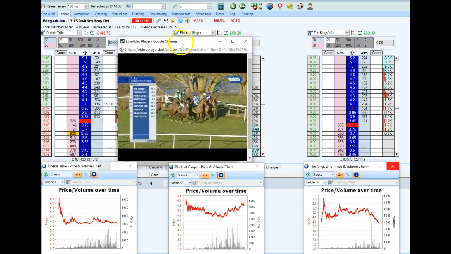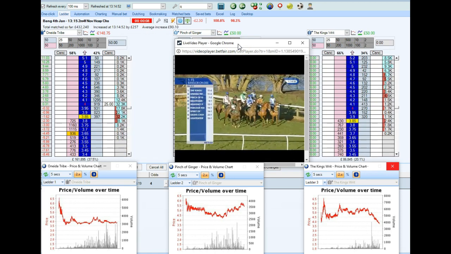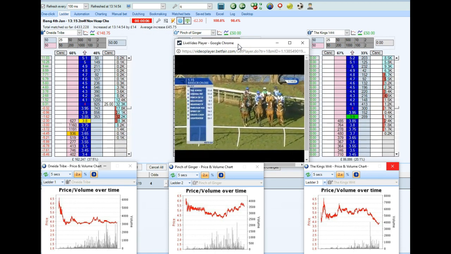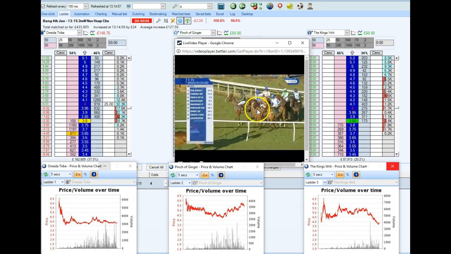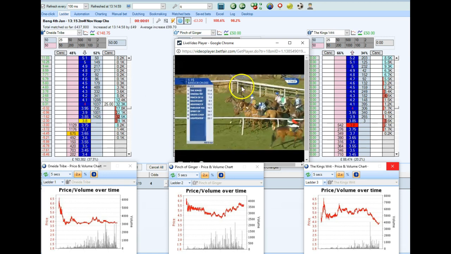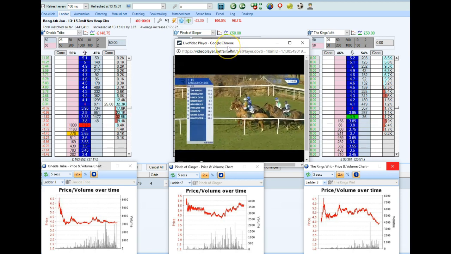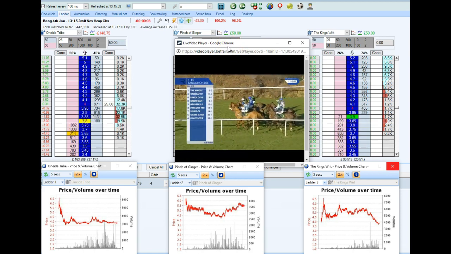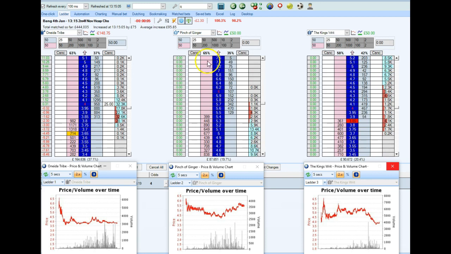And as the horses are now lining up, you can see that my horse is at the front here, which is not good, because obviously that's not going to help my price. So at this point, I'm just going to cash out for a small loss, and that will be that, really.